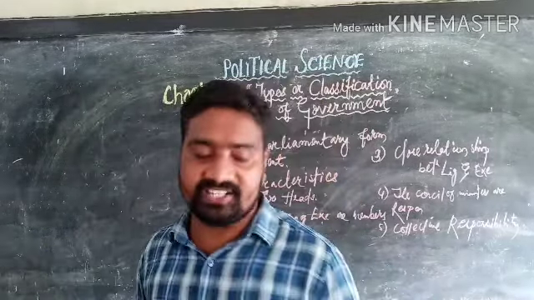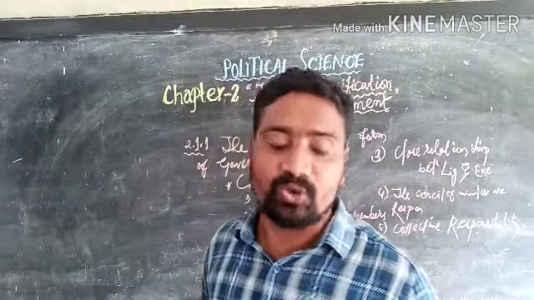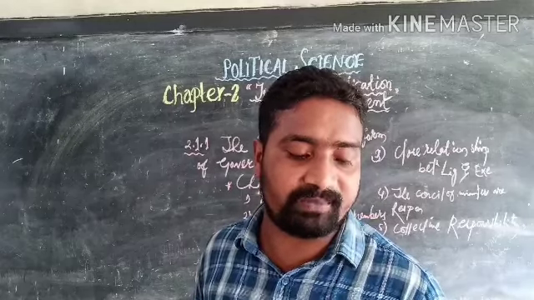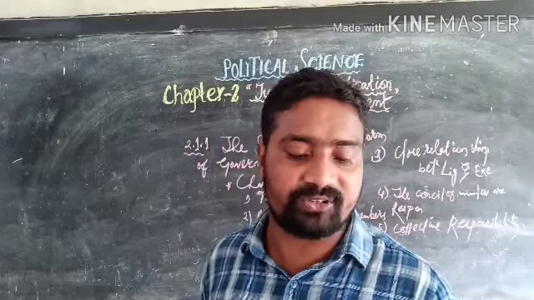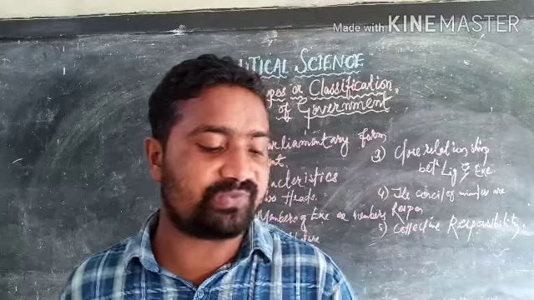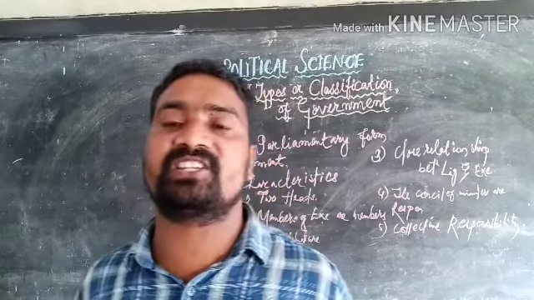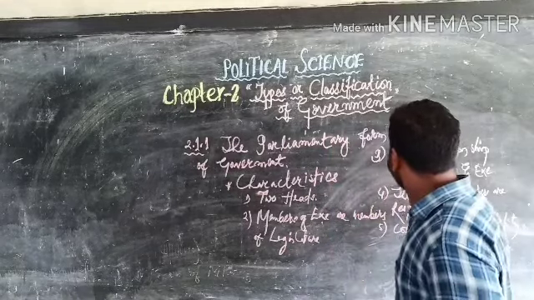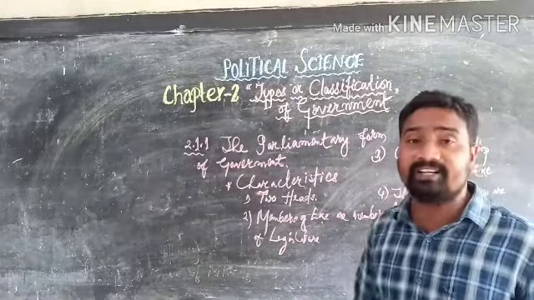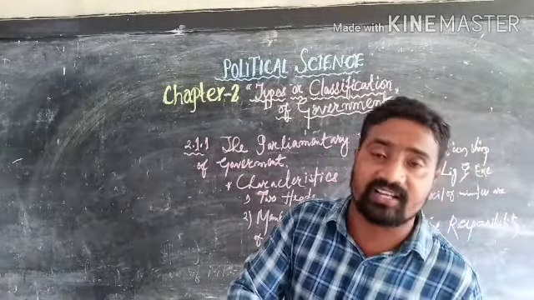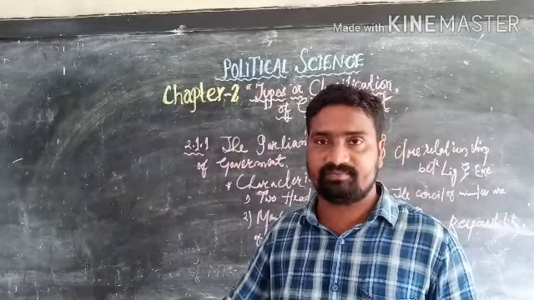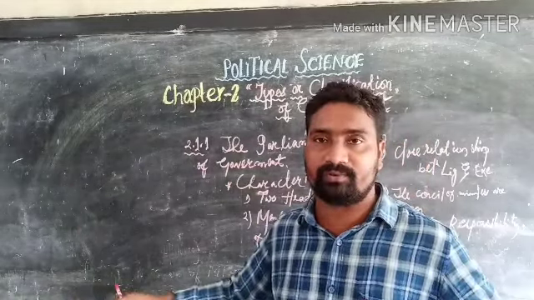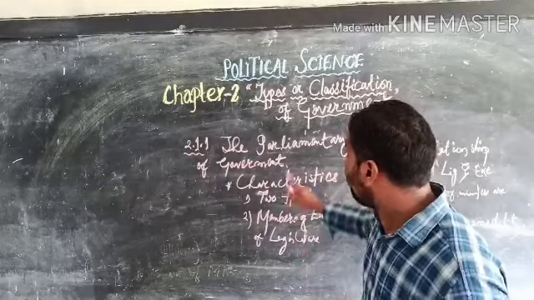The third point is that there is no separation of power in the parliamentary form of government, and therefore the Council of Ministers is vested with both executive and legislative powers. See here, there is a relationship between the executive and the legislature. There is no separation of power. So what happens?